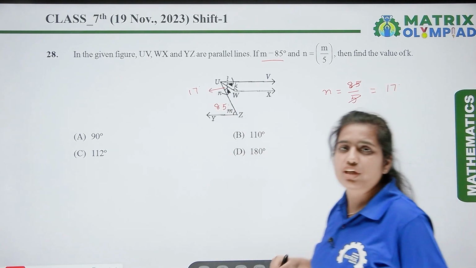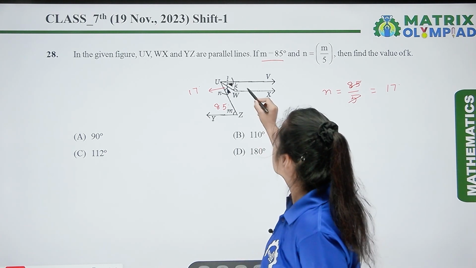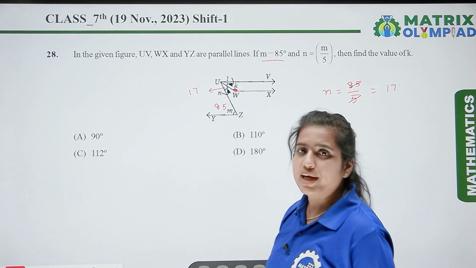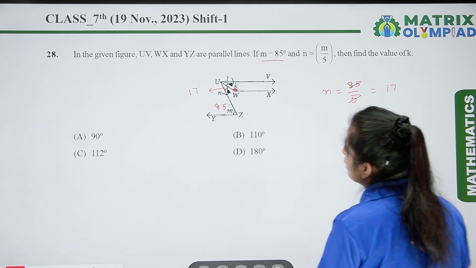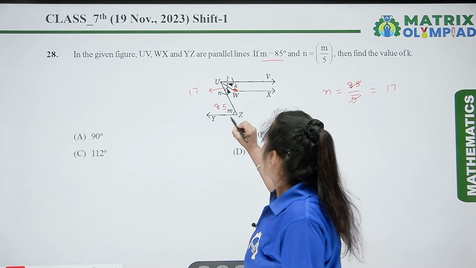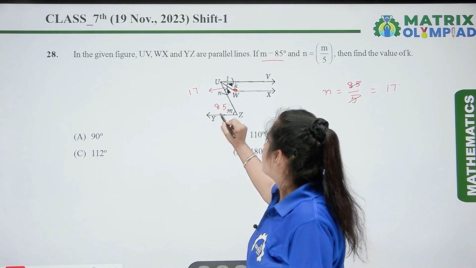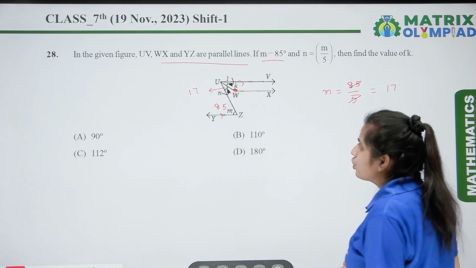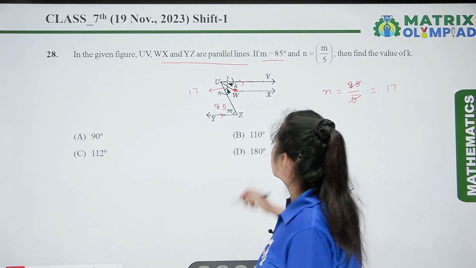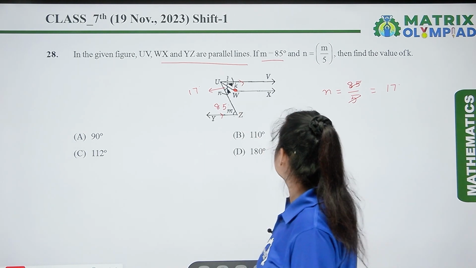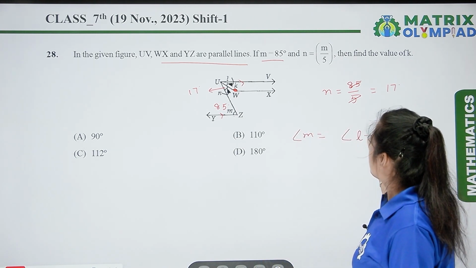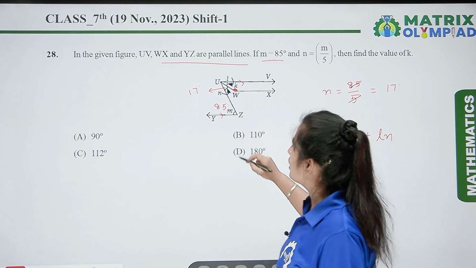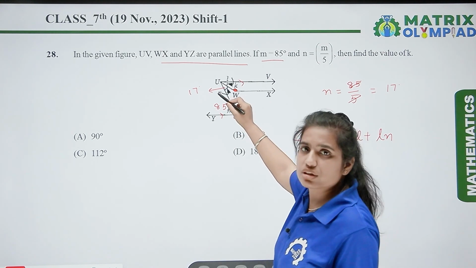Then find the value of K. So here we have to find the value of K, means this angle we have to find. So let's find the angle here. YZ is parallel to UV as it is given in the question. So according to the parallel line concept, angle M is equal to angle L plus angle N. Here angle M is 85 degree, angle N is 17 degree.